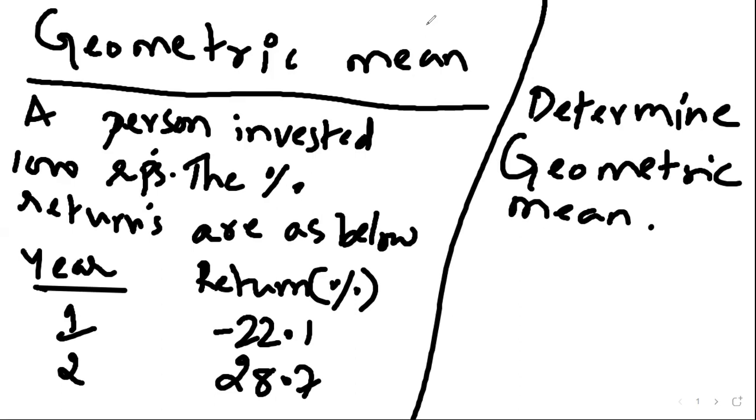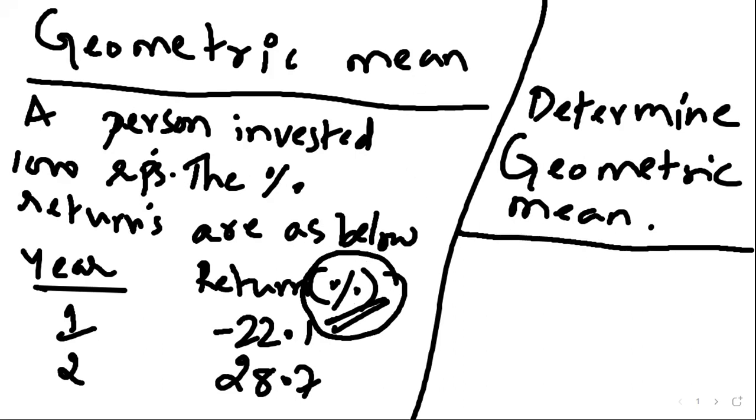So for the next year's total returns, we have to consider the closing balance of this year. That is the reason we use the geometric mean whenever there is a percentage increase. In this question, they have given us the percentage returns, and we have to determine the geometric mean.